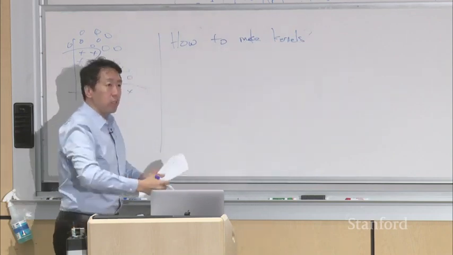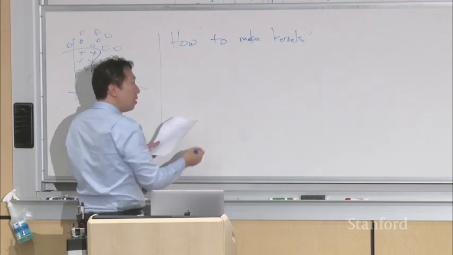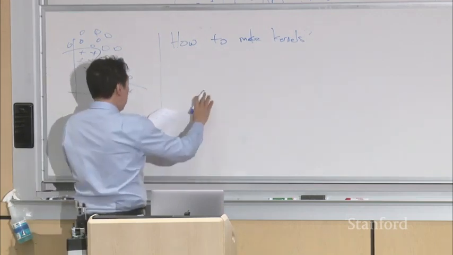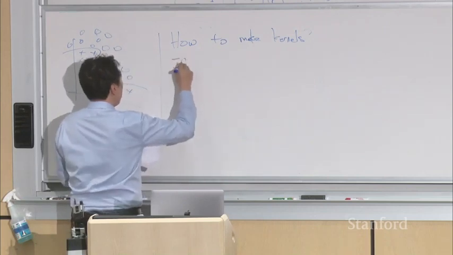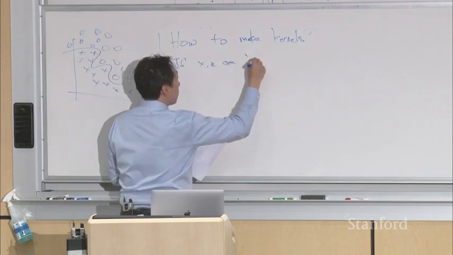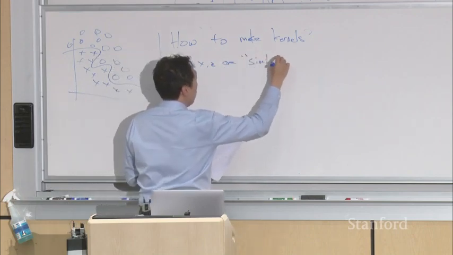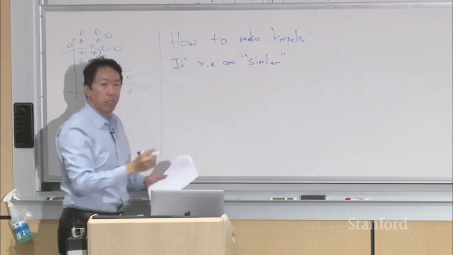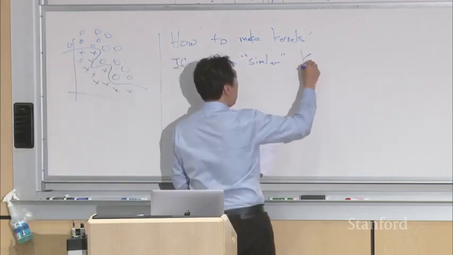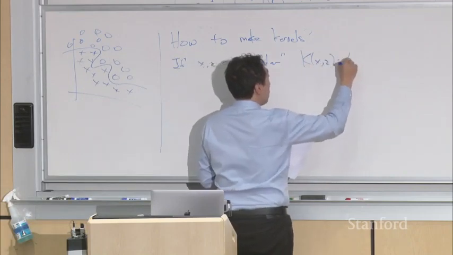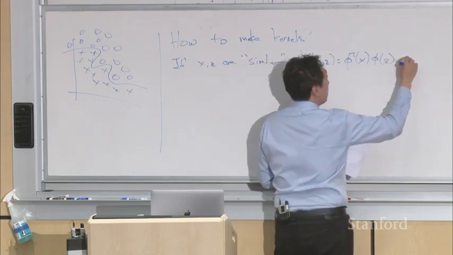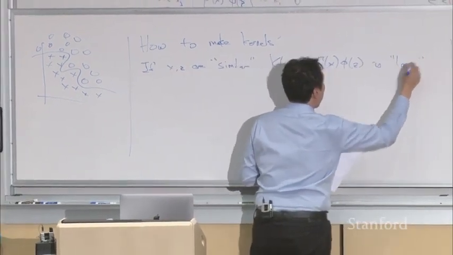Right. So here's some intuition you might have about kernels. If two input examples x and z are close to each other or similar to each other, then k of xz, which is the inner product between x and z, presumably should be large.